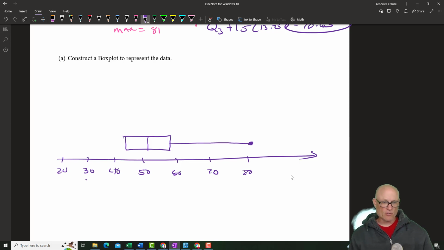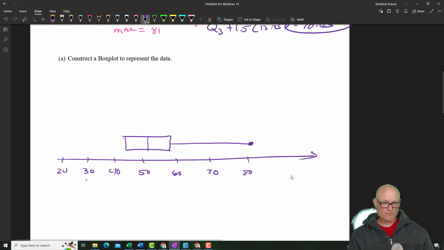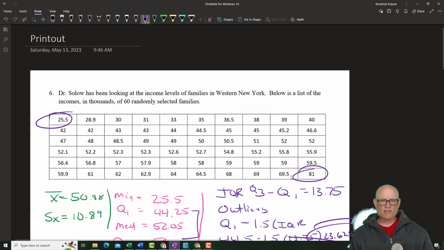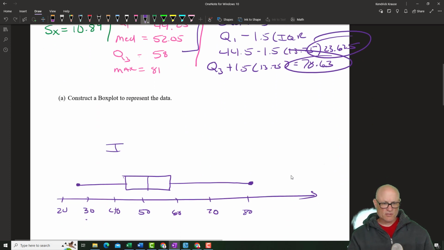And my min was 25.5. And income levels in New York. Income levels. Good enough. All right.